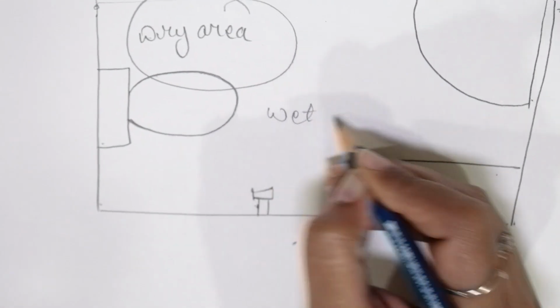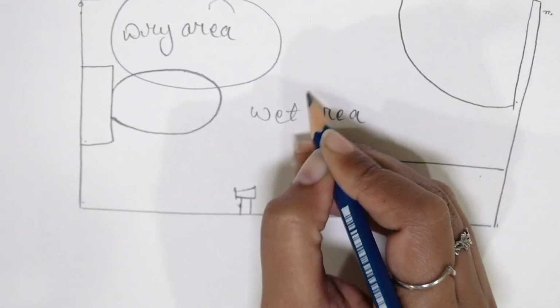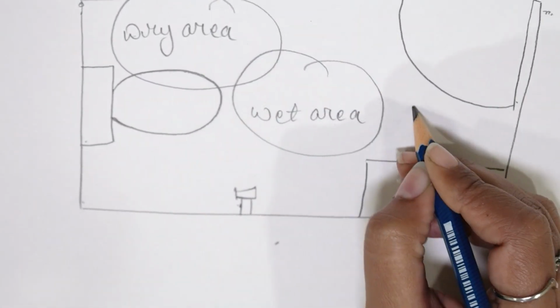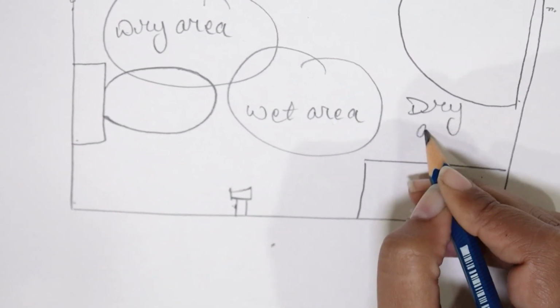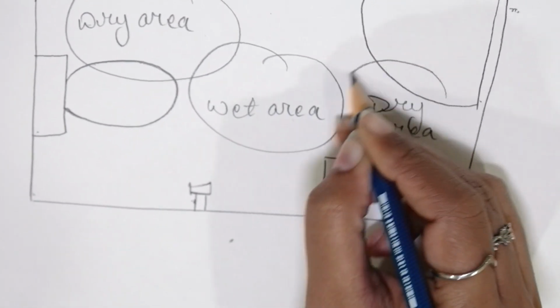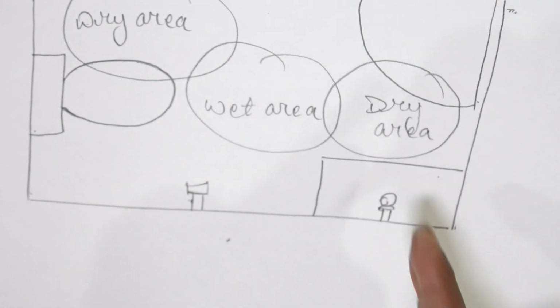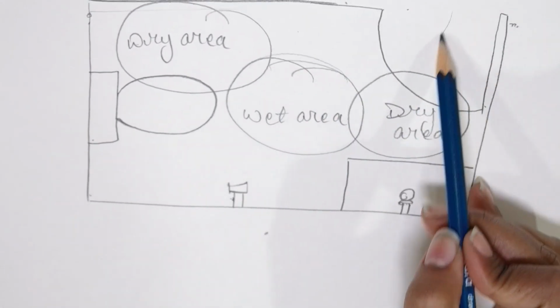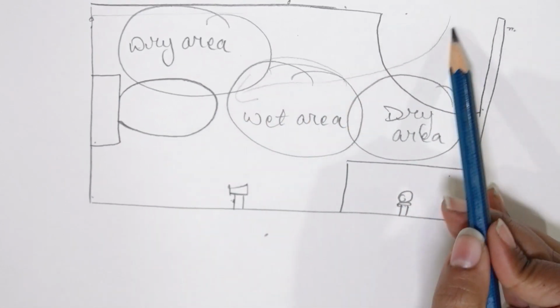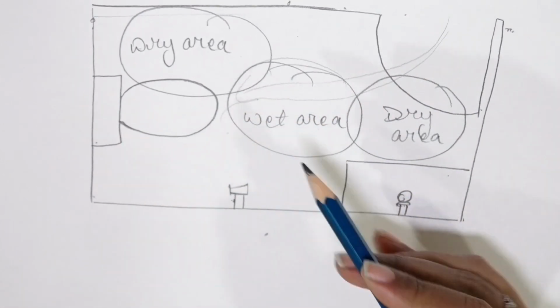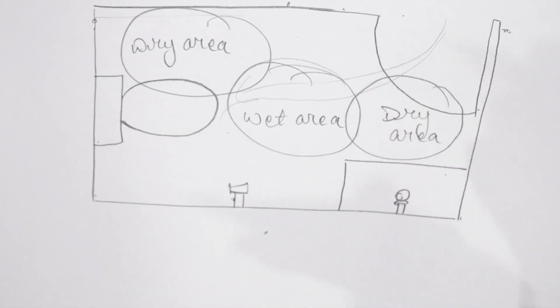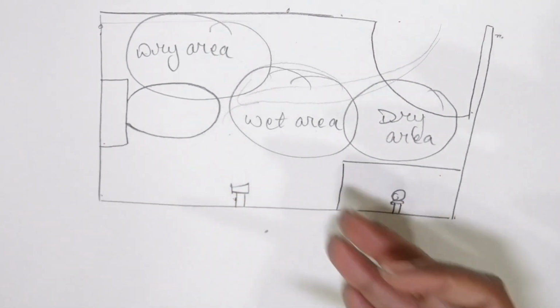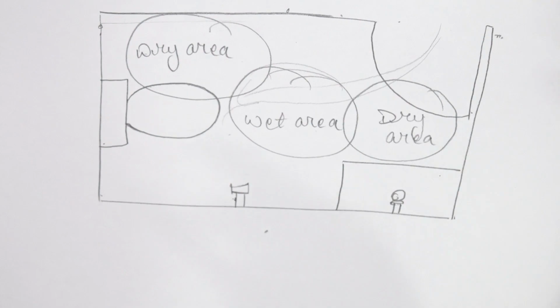This is the wet area. And this is again the dry area. This kind of planning is very poor, as the person who wants to use the WC will have to go all the way through the wet area. So this is not good because of hygiene purposes. The floor will be wet throughout the day.